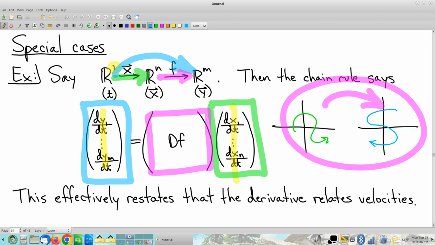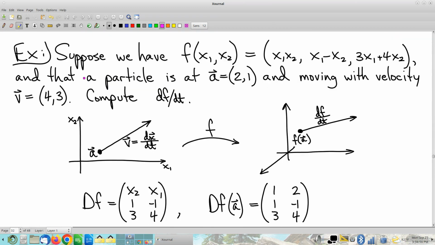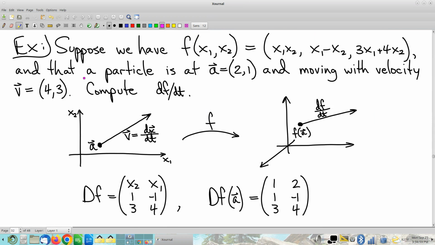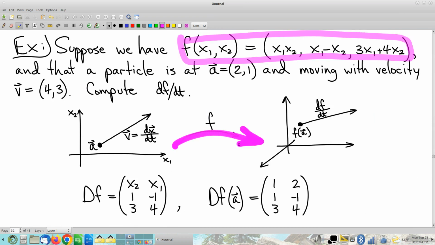All right. So, example. And again, this restates old news. Quick example. We've got some function given, that's this function here. And we're given some input velocity. The question we've been asked says, compute df dt. Well, that's going to be the output velocity.